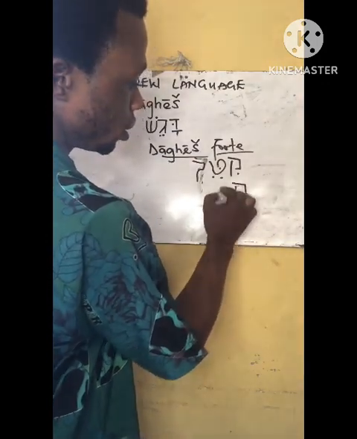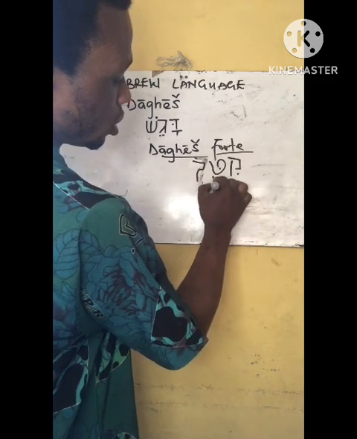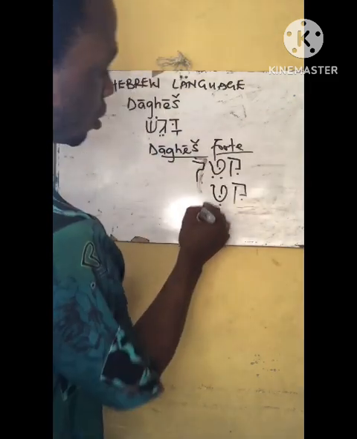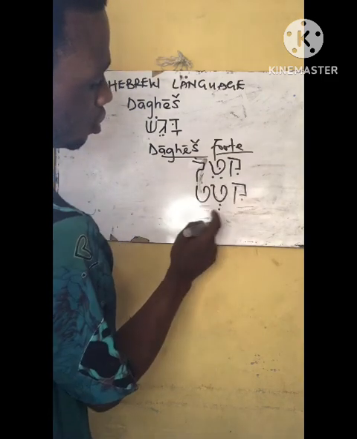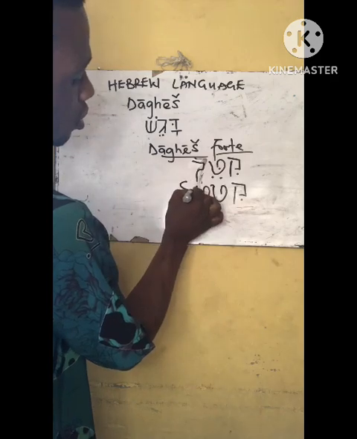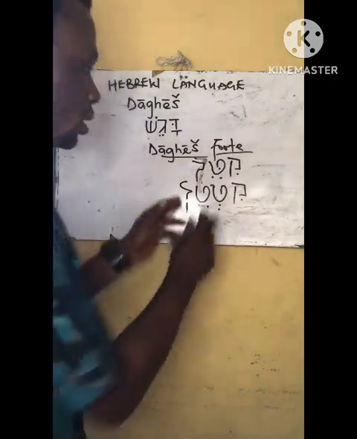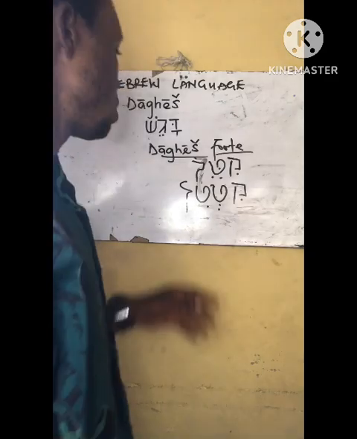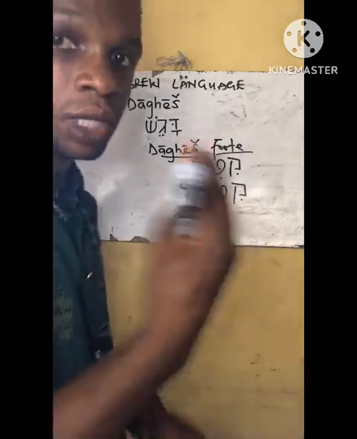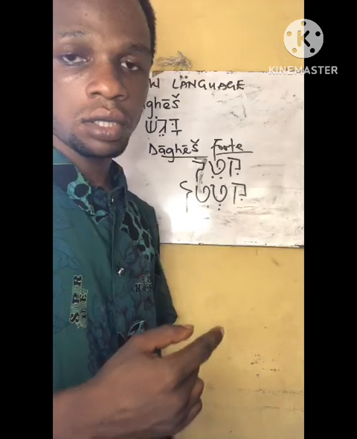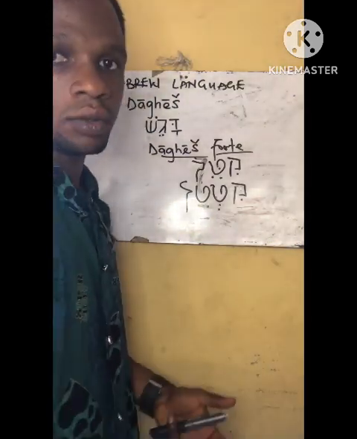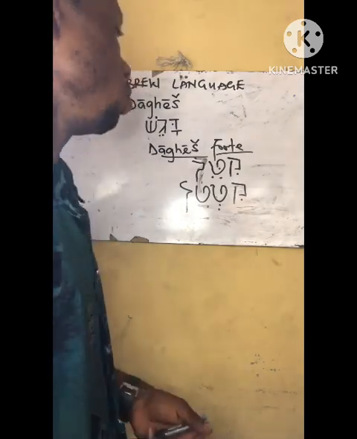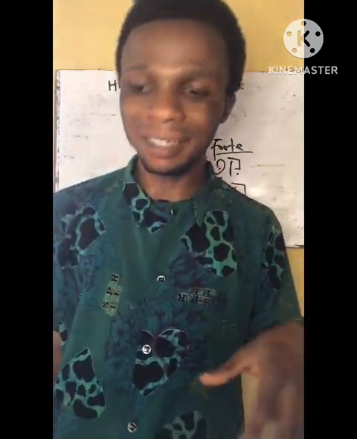It should be written this way: kit-tel. So instead of writing it twice, a Dāghēš fort is placed at the middle just to write it once. So these letters appear as double for any reason, and the dot now placed in this letter is what we call a Dāghēš fort.